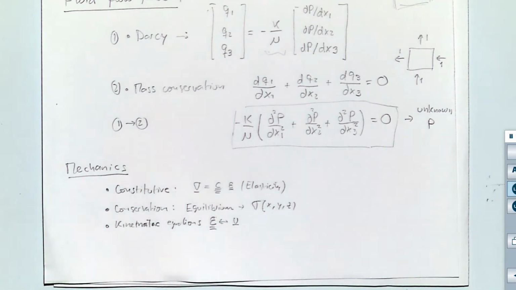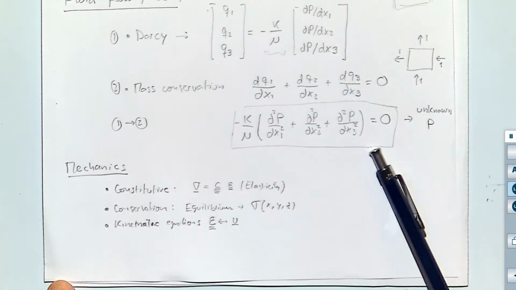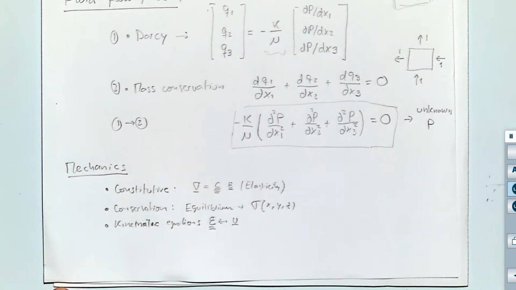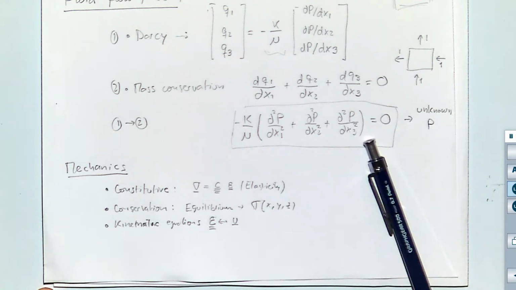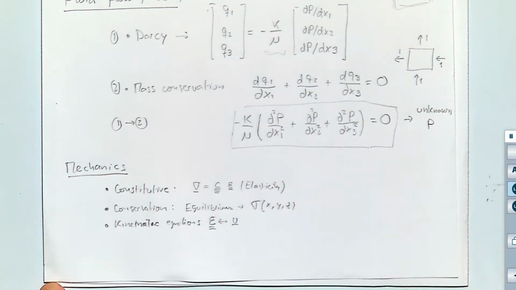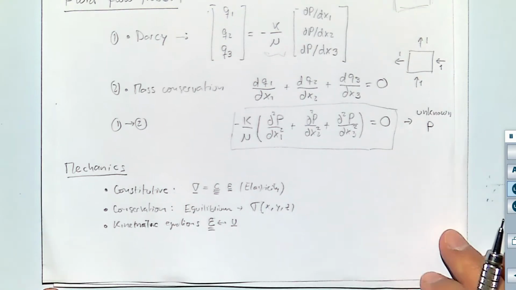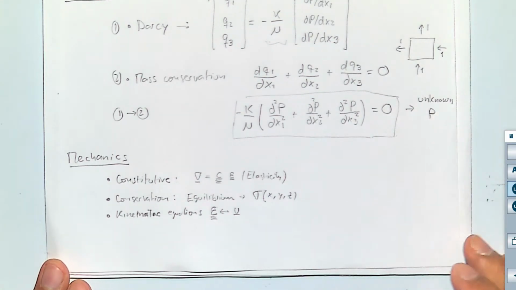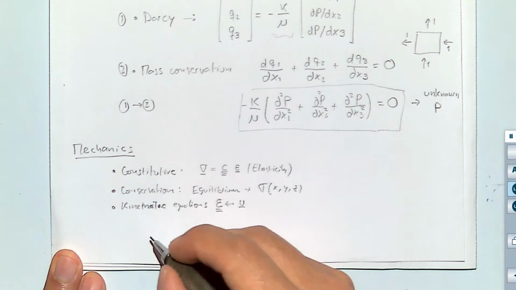Okay, so very similar to what we did here, but it's going to take us probably 20 minutes to do everything for mechanics, similar to what we did for fluid flow. But you can write a similar equation to this one, and it's going to look like this.